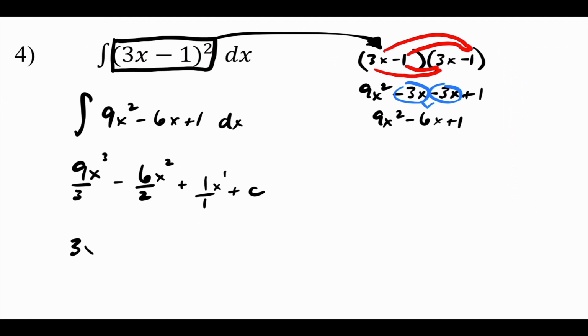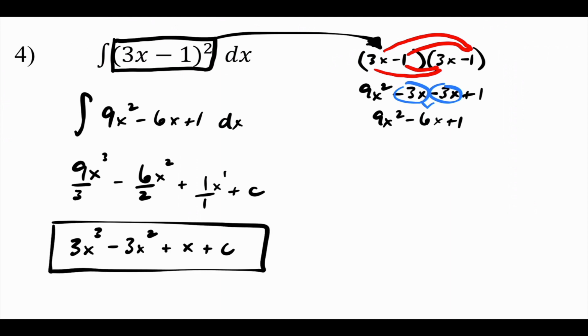So we're going to get 3x cubed minus 3x squared plus 1x plus c. Add a power, divide by the new power. Does it have a power? Give it a power.